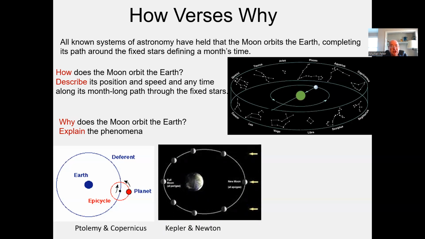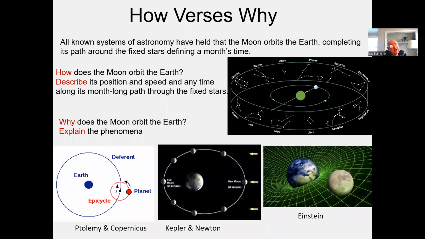We should get the same position and the same speed of the moon in both explanations, because it's the same phenomenon. And the third one, the modern one, would be Einstein's general theory of relativity, where again we have the moon going around the Earth, but we are moving in the fabric, the 4-dimensional fabric of space-time.